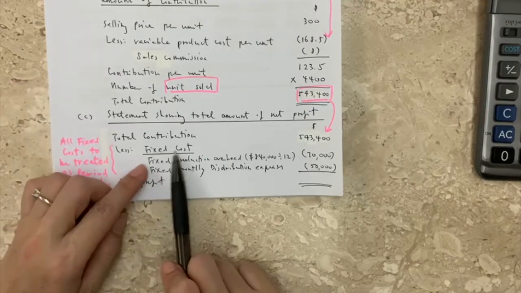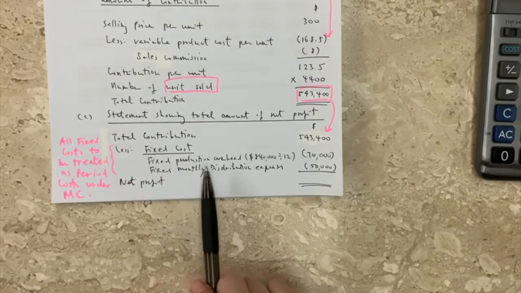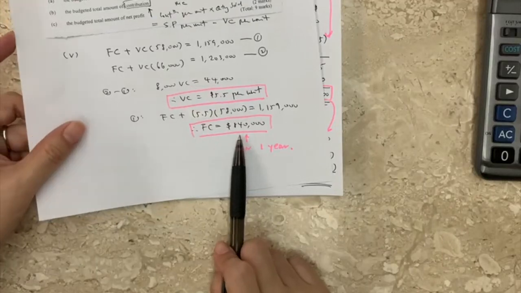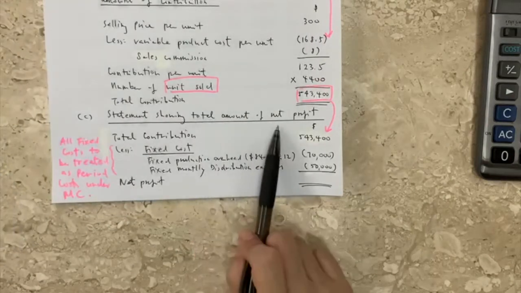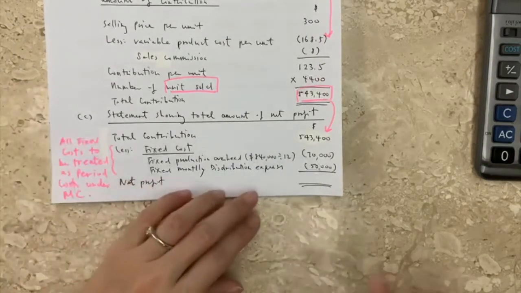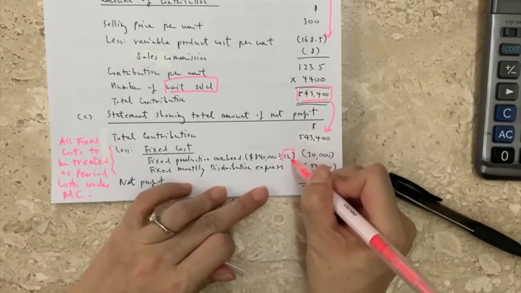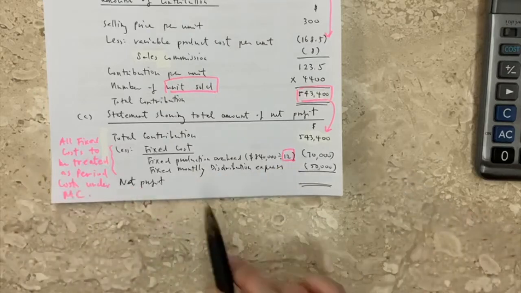Here we minus fixed cost, but something very important. Fixed production overheads, we have solved this 840,000 with the simultaneous equations just now, and also remember that this is for 1 year. However, we are doing this total net profit for a month, so this is very, very important. Don't forget to work out that in 1 month. Finally, what else is fixed?